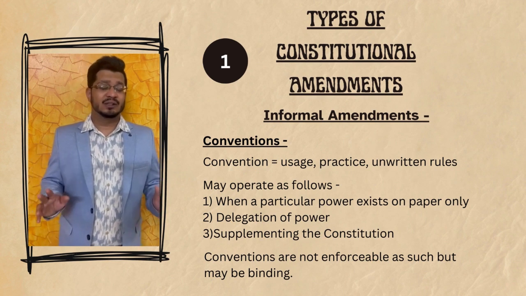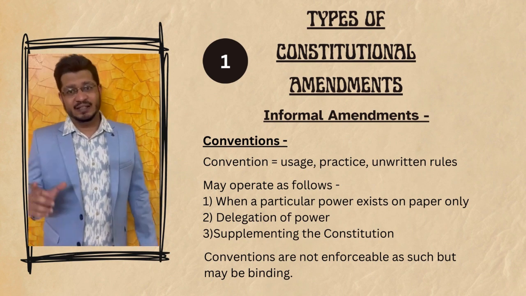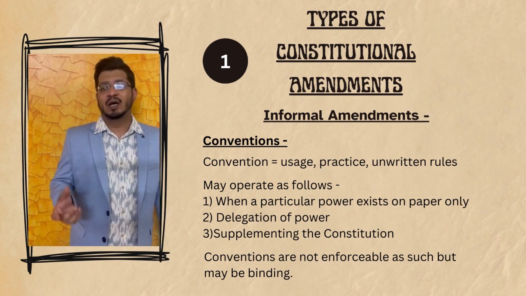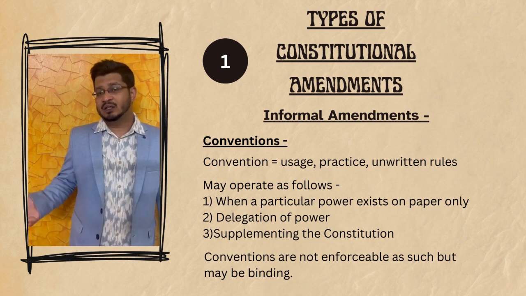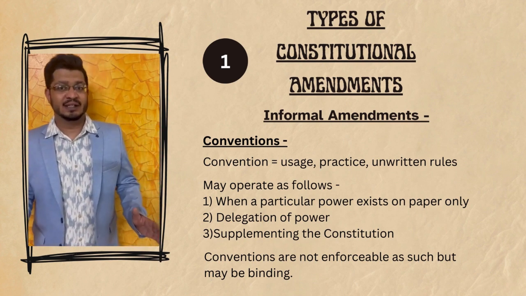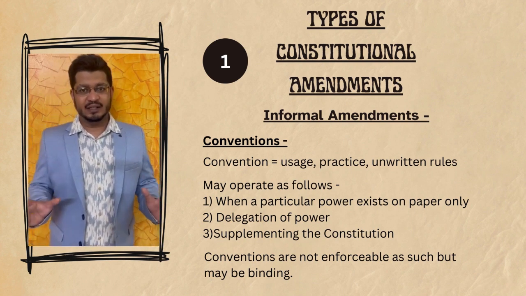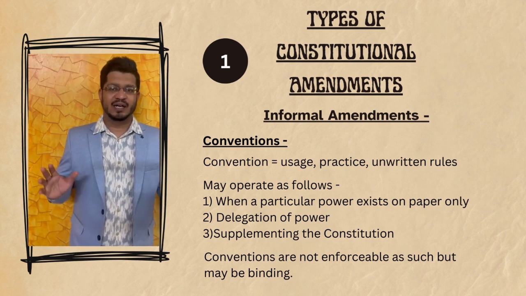Next, constitutional amendments by conventions can take place during delegation of powers. For example, a particular function may be delegated by the Parliament to the executive or even a non-government agency or a government corporation. In this case, the implementation of any constitutional provision takes place at the hands of the executive.